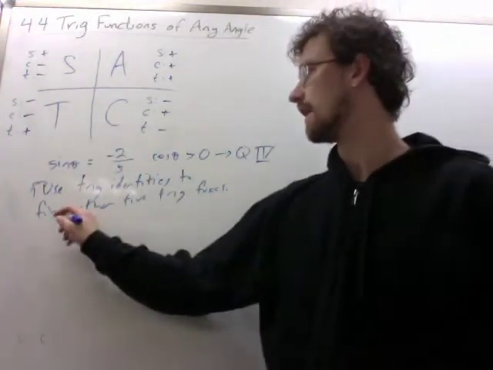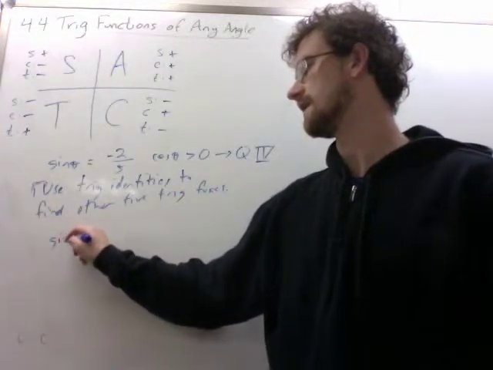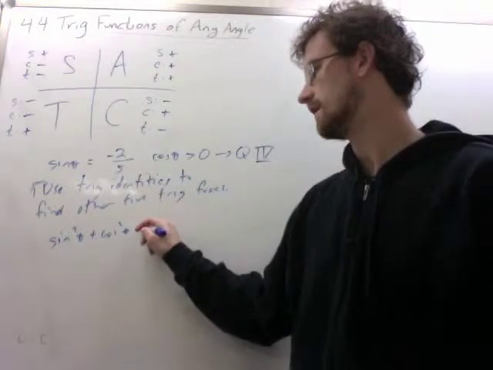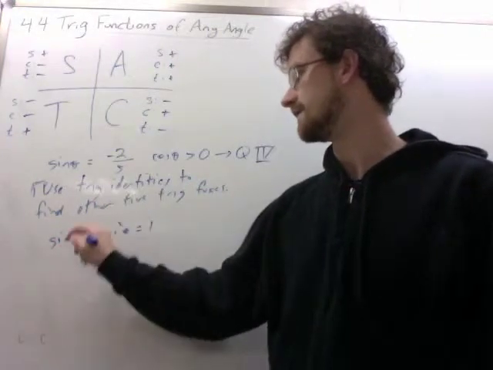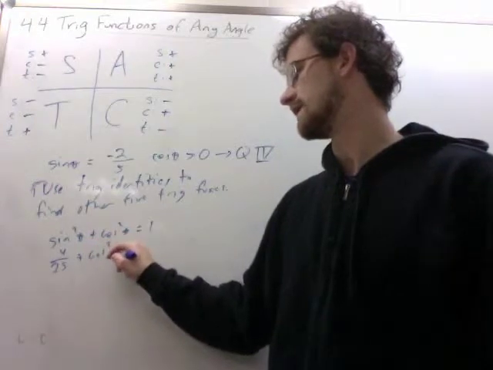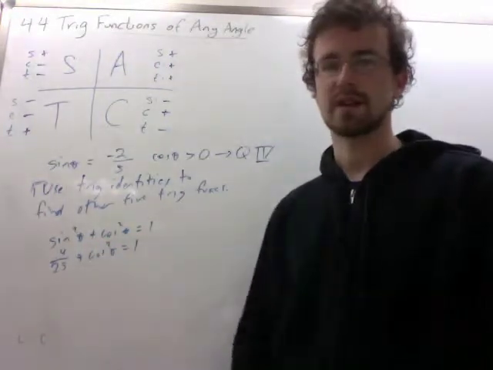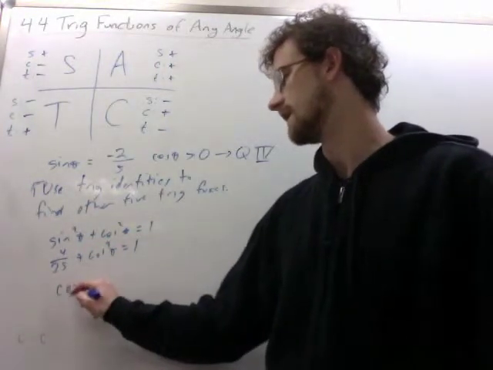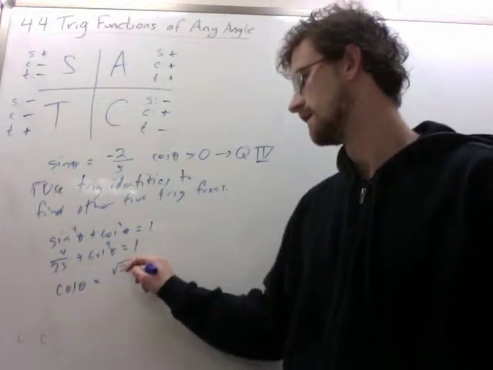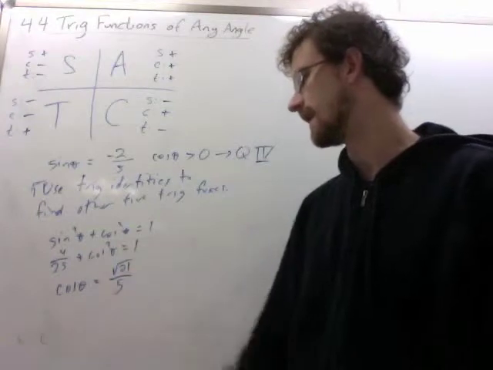So from there, we can find cosine, because sine squared plus cosine squared is 1. So minus 2/5 squared is 4/25, plus cosine squared is 1. Subtract that over, we get that cosine theta is the square root of 21 over root 25, which is 5.